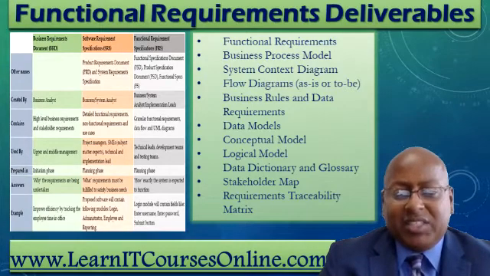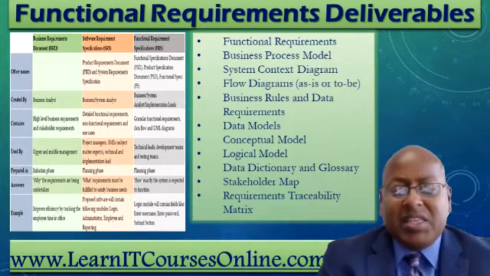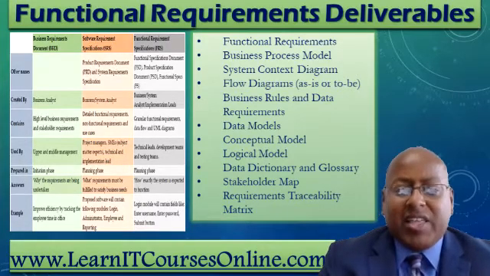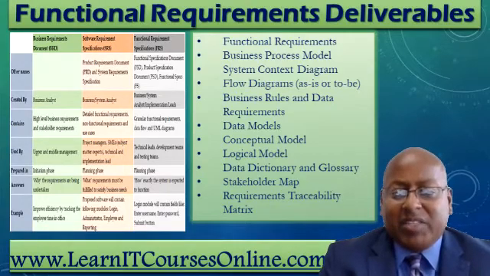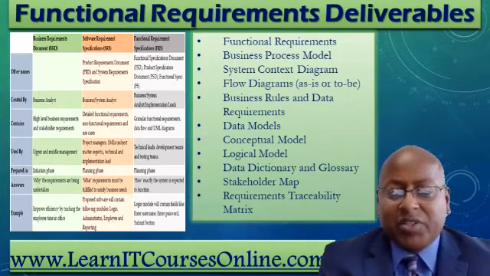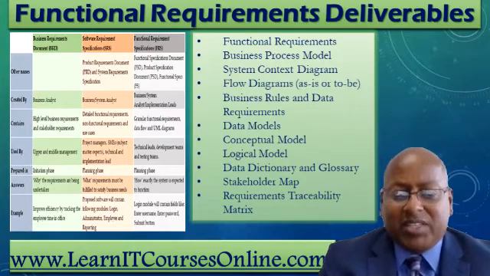Next, stakeholder map. This identifies all stakeholders who are affected by the proposed change and their influence and authority level for requirements. This document is developed in the organization phase of the project management methodology, PMM, and is owned by the project manager, but needs to be updated by the project team as new change stakeholders are identified throughout the process.